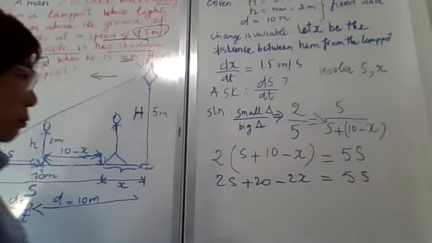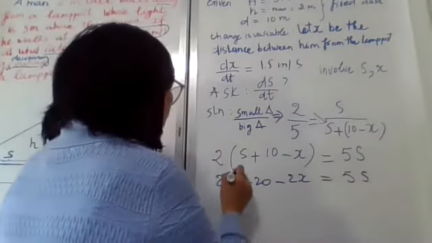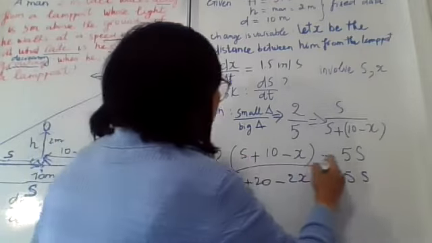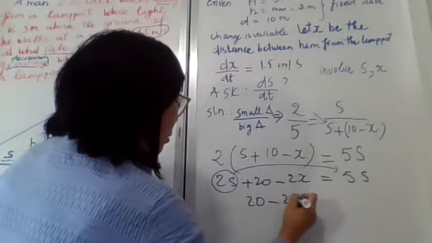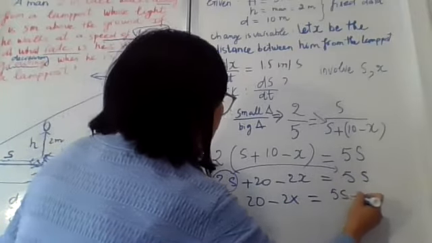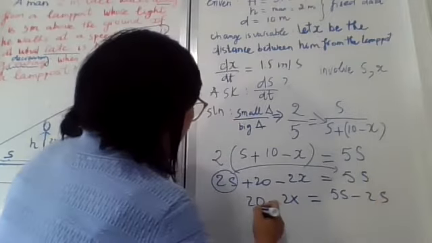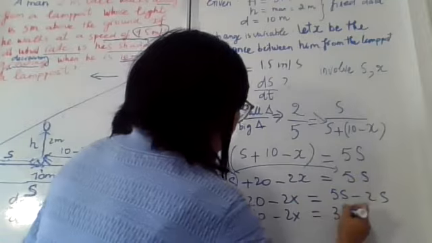Solve this equation because we have two like terms here, 2s and 5s. So I'm going to move the 2s over to the right hand side. So I have 20 minus 2x equals 5s minus 2s, and therefore 20 minus 2x equals 3s.